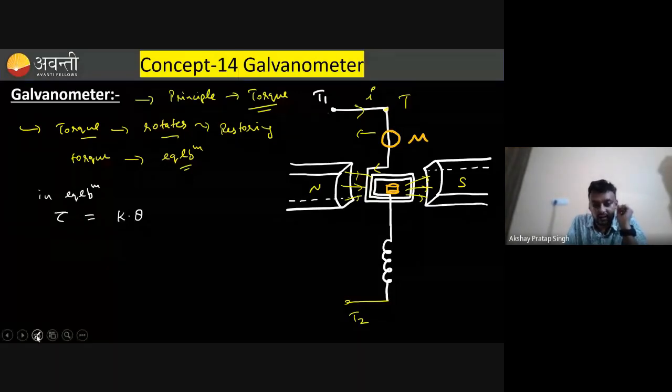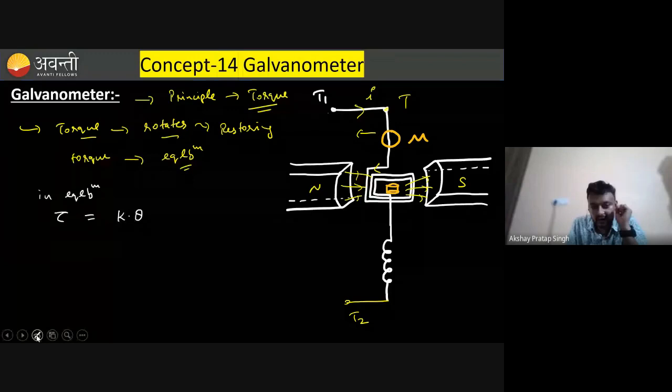The torque acting on the coil, N I A B, is equal to k theta. So I will be k divided by N A B into theta.